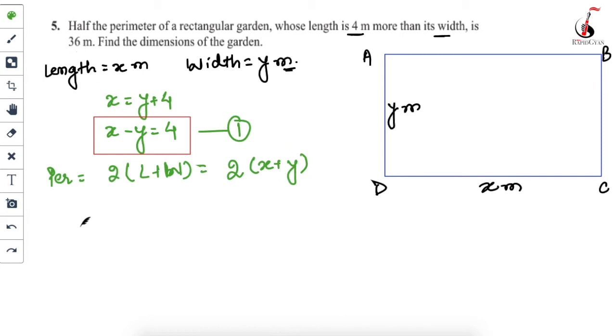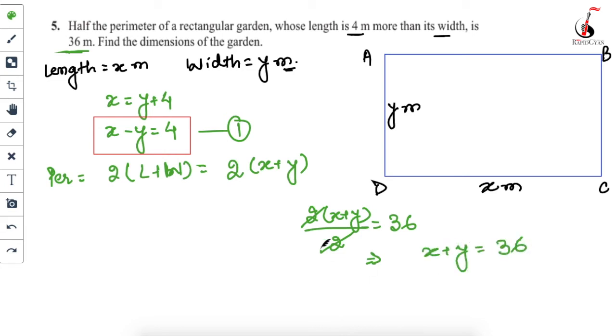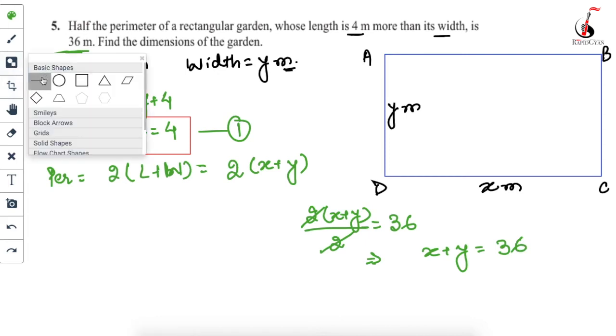And the condition is saying that half of the perimeter is equal to 36 meter. So half of this perimeter means 2 times (x plus y) divided by 2 is equal to 36. So the 2 cancels. From here I will get x plus y is equal to 36.